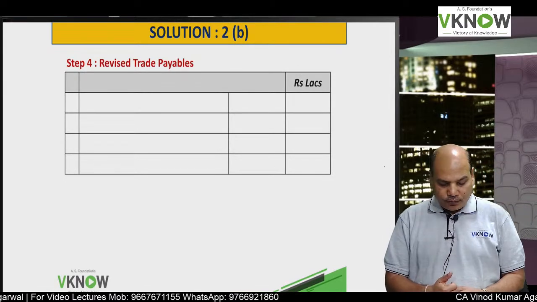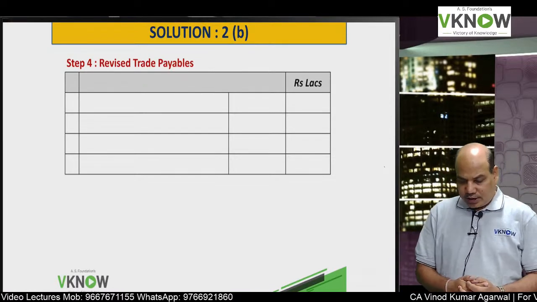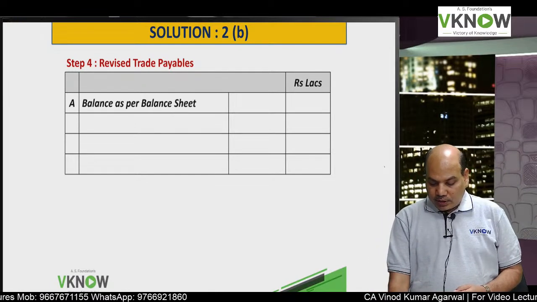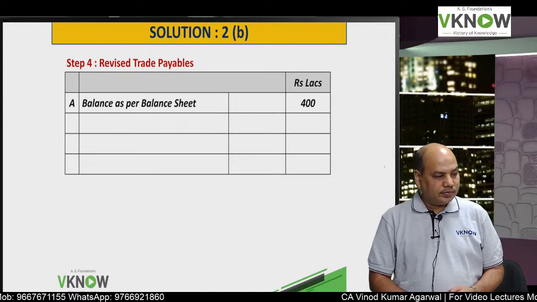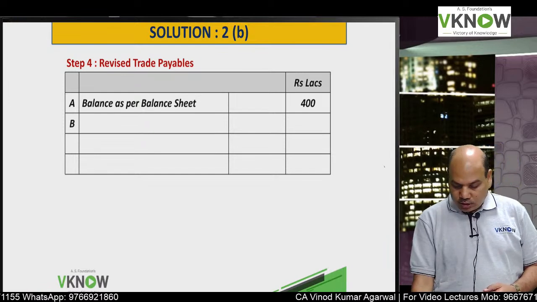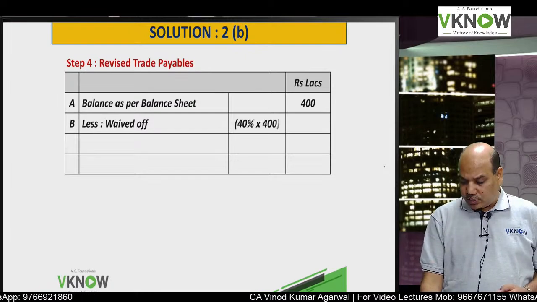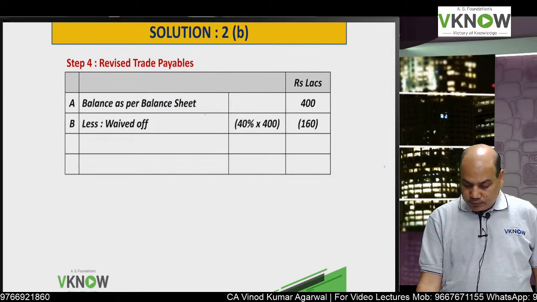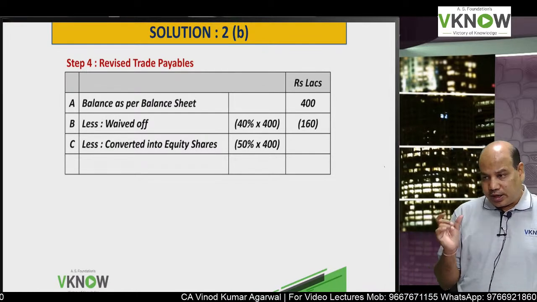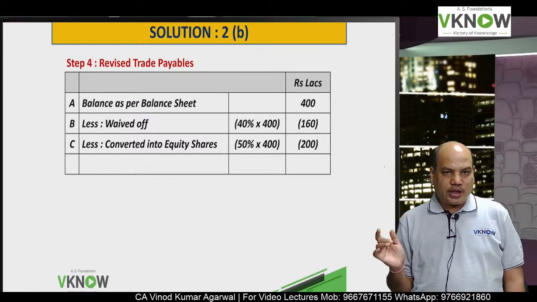Now write down step 4, revised trade payable. So what happens to trade payable? Balance as per balance sheet is 400. Then the creditors have waived off 40% of 400, so 40% of 400 is 160, and trade payable of 200 lakhs were converted into share capital.